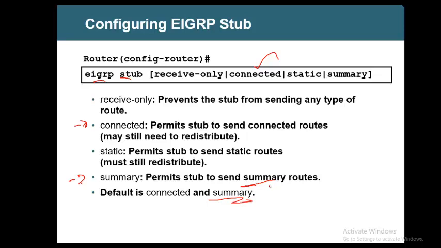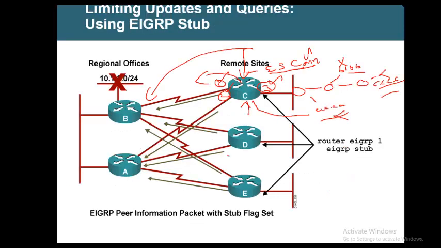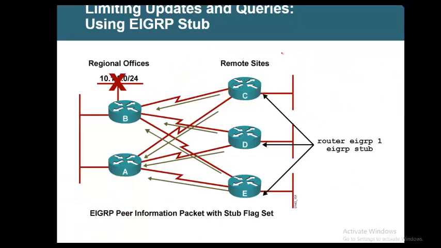And any other network, if the hub wants to know, it won't query. Anything related to the summary of the route given, then it will query. You need to imagine a few things so that you understand why this is so nice.